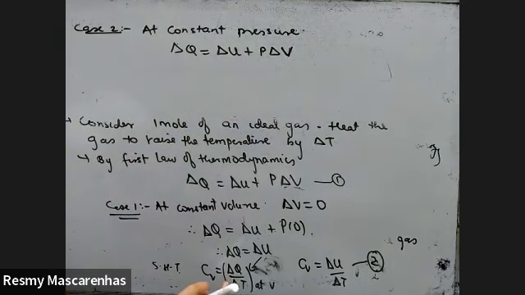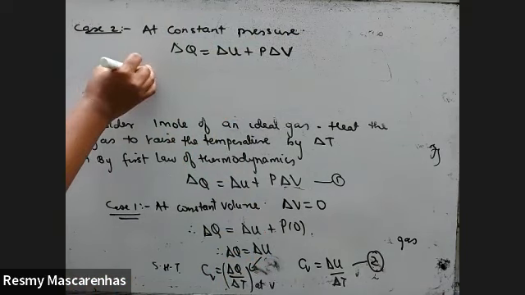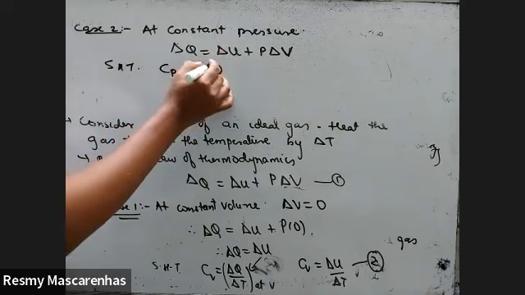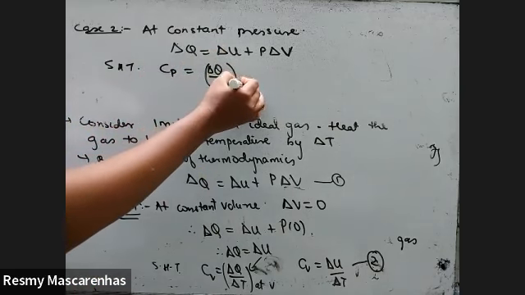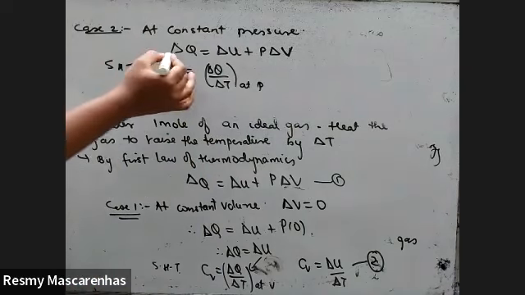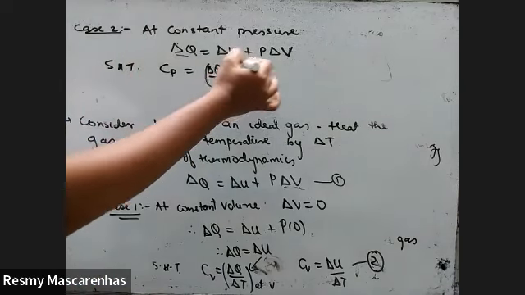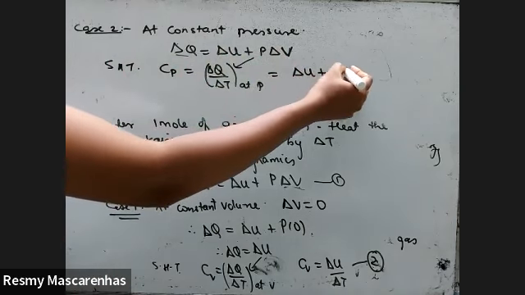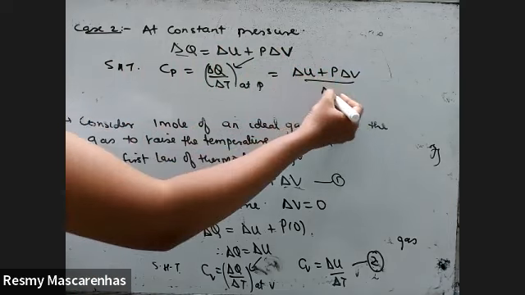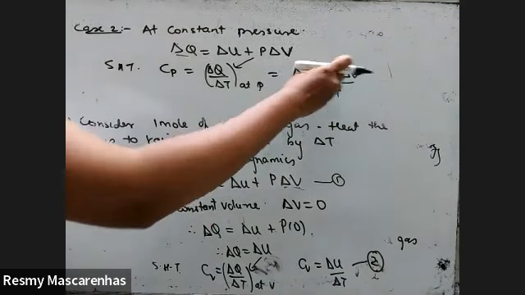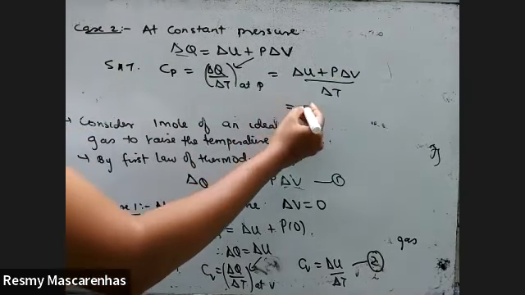Now, just how we had used specific heat capacity, Cp will be the same formula, delta Q upon delta T, only at P we will use. Now put this delta Q over here. What is delta Q? Delta U plus P delta V. Now just distribute this delta T to both the places.